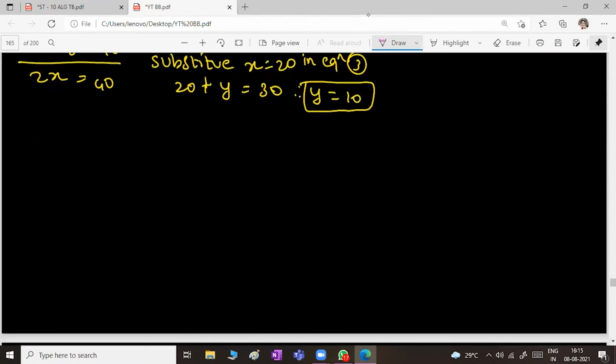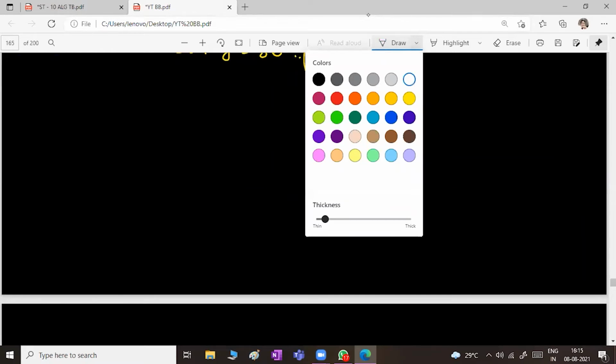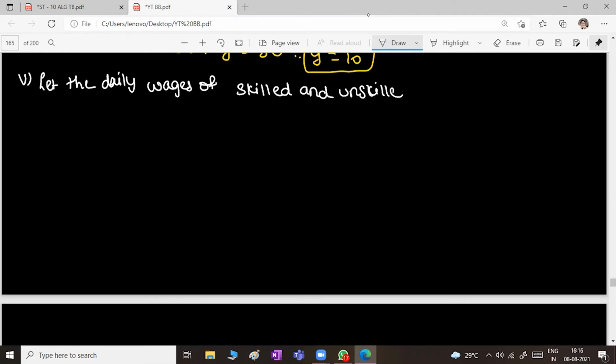Okay. Let me just start with the question. The question is very simple. Question number 5. Let the daily wages of skilled and unskilled workers be rupees x and rupees y respectively.